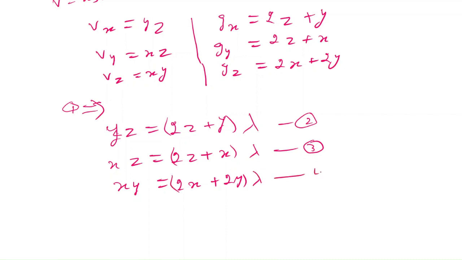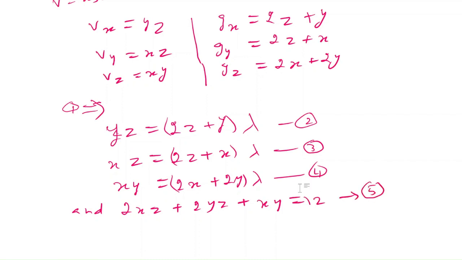Let it be number 4. And the constraint 2xz plus 2yz plus xy is equal to 12. That will be number 5.